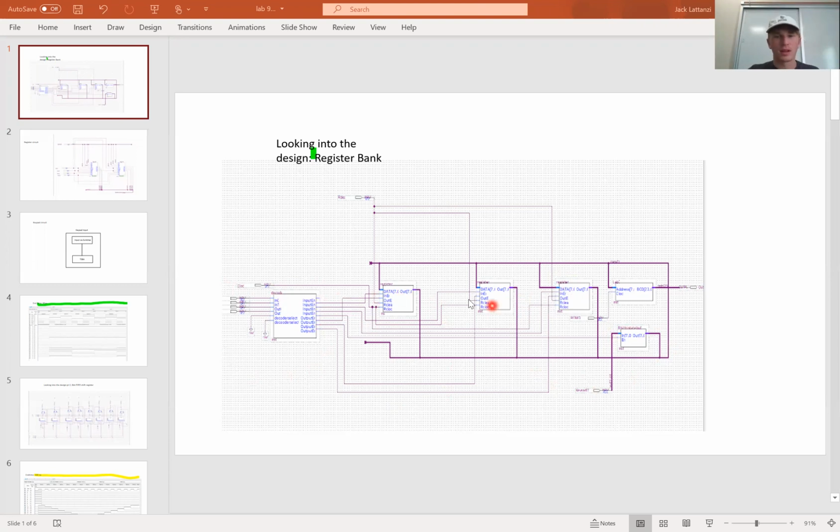Then the outputs would be set at 0, 0, because then it'll just display nothing. And then it works the other ways too. So if it's 1, 0, then it will be register 2. If it's 1, 1, it'll be register 3.